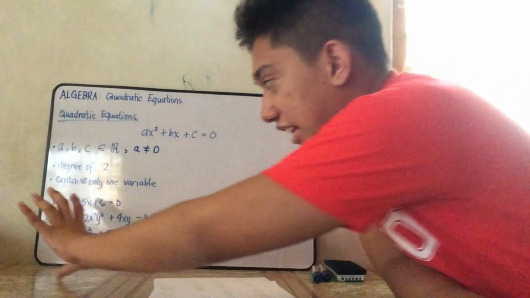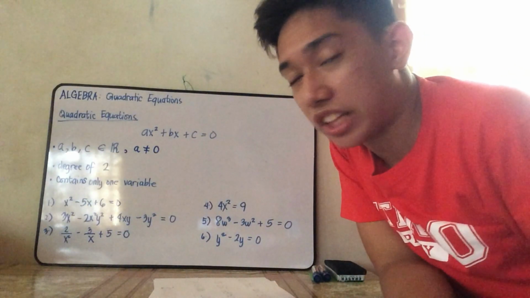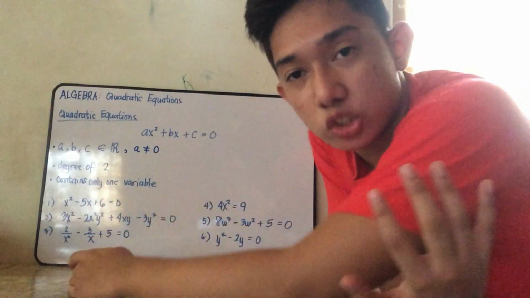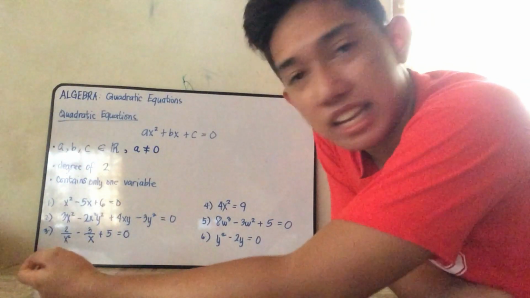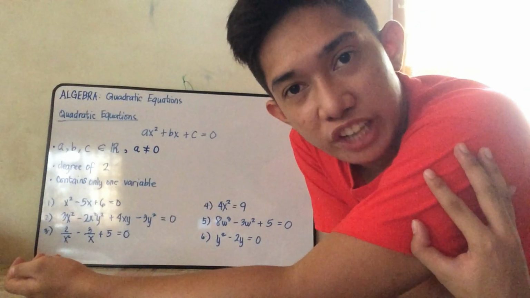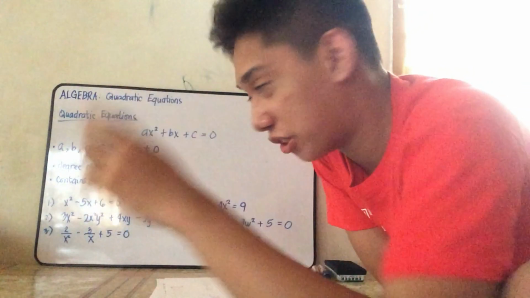So guys, I have some examples here of equations that we will determine if it is a quadratic equation or not. So number 1, x squared minus 5x plus 6 is equal to 0. Is this a quadratic equation or not? Siyempre, quadratic equation. Tama ka dyan, Lily.